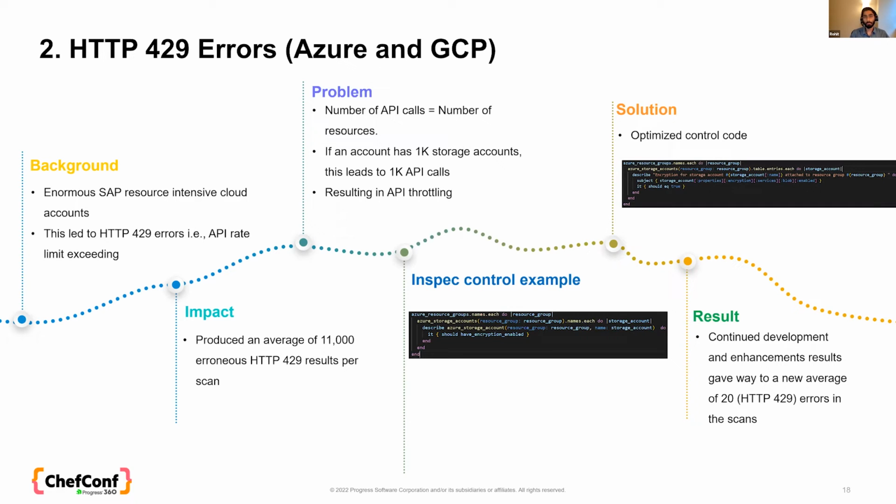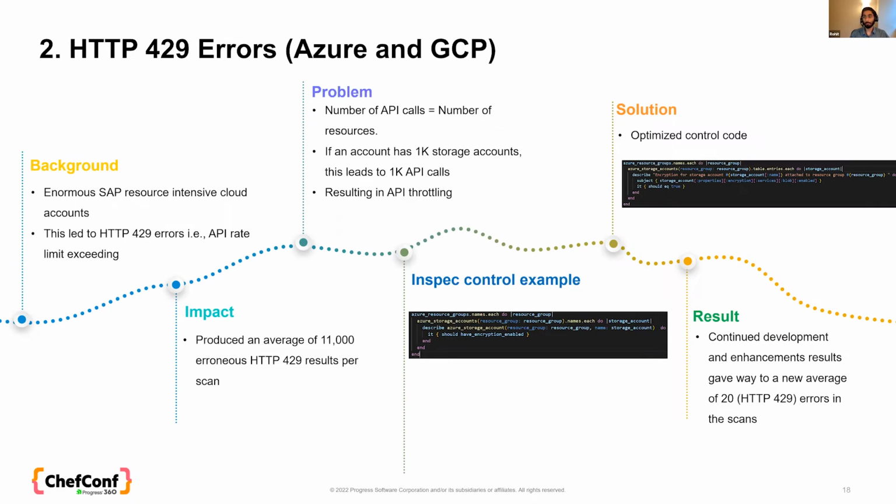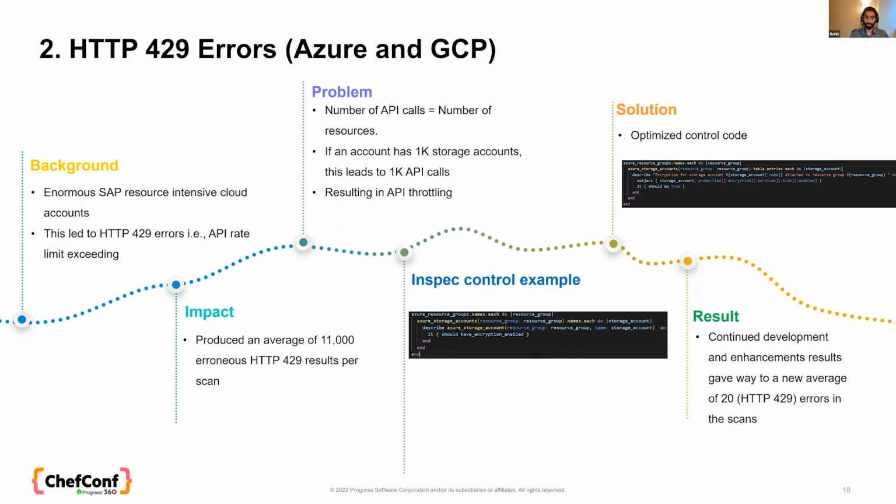In the cloud world, what typically happens is there's an API quota that's associated with the subscription and the tenant and the resource level for Azure, and at the project level for GCP. So whenever that API quota gets used up, it depends from cloud provider to cloud provider, the API rate limits exceed, there's a timeout, and then we get HTTP 429 errors.